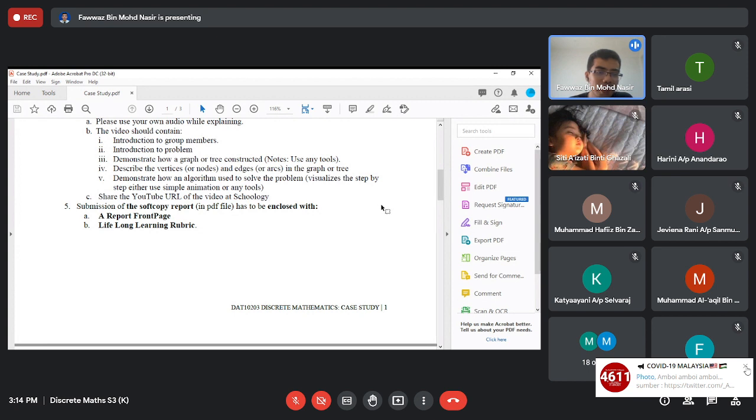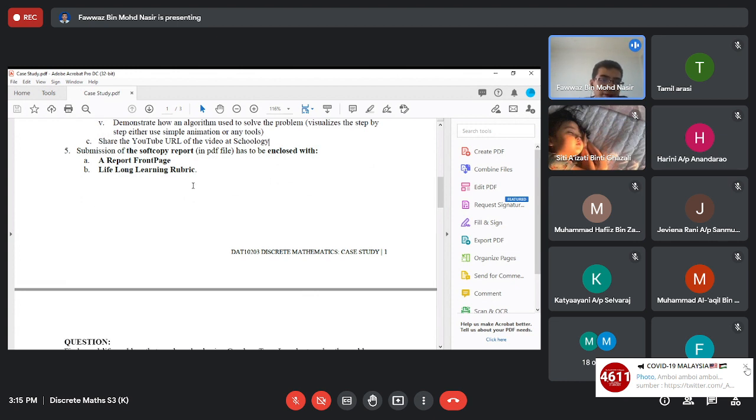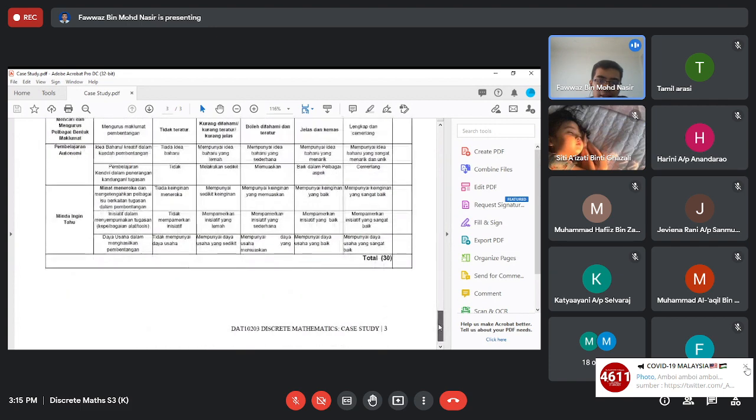So apa yang perlu ada dalam report korang ialah front page korang pastikan ada korang list down all korang punya group members, dia punya metric numbers, okay. And then pastikan korang sertakan rubrik dalam korang punya final report, okay. So rubrik ada at the end of this instruction sheet.